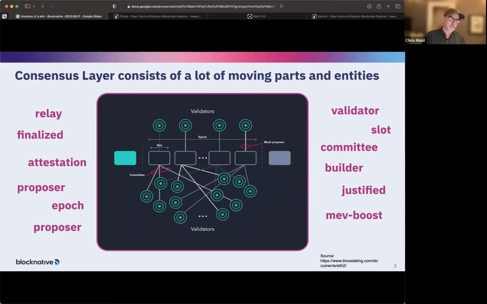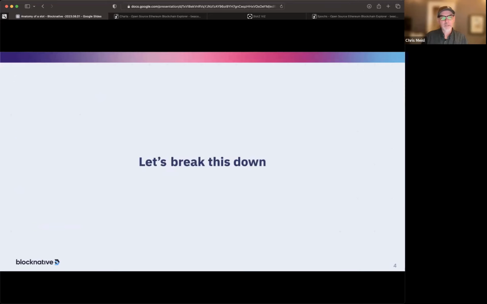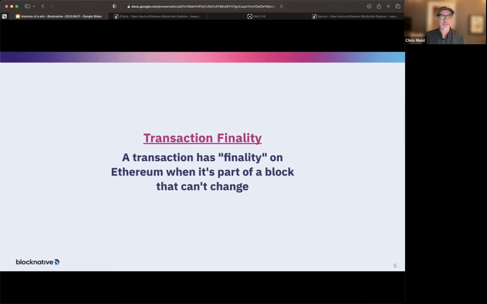There are validators, and a subset of those are proposers. A subset of validators are part of a committee at any given time. There are epochs and slots, and you have these external pieces like relays and builders and MEV-Boost. There's a lot of moving parts. We're going to be touching on pretty much all of these and how they work together. So let's break this down and dive right in.